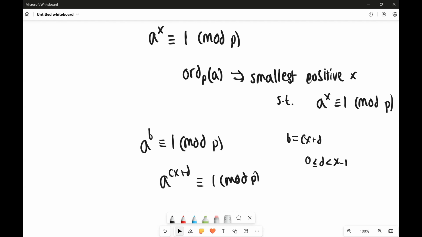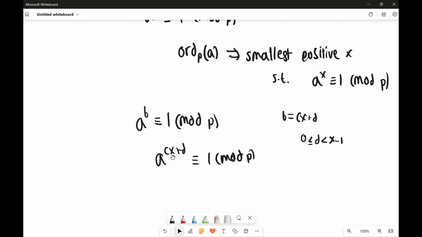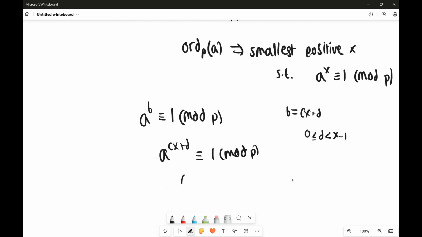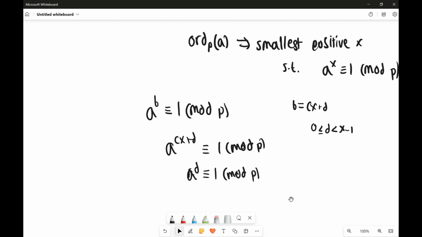And since a to the power of cx is equivalent to 1, since a to the power of x is equivalent to 1, that means that a to the power of d is equivalent to 1 modulo p. But if d is less than x and is not equal to 0, then d would instead be the order, but x is the order itself because it's the smallest possible one, which means that d equals 0.